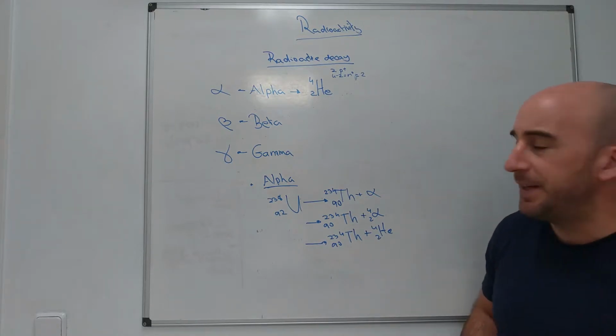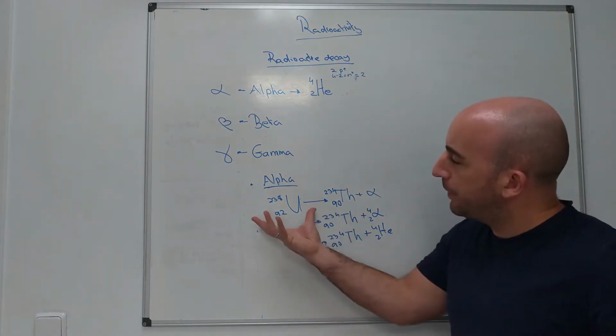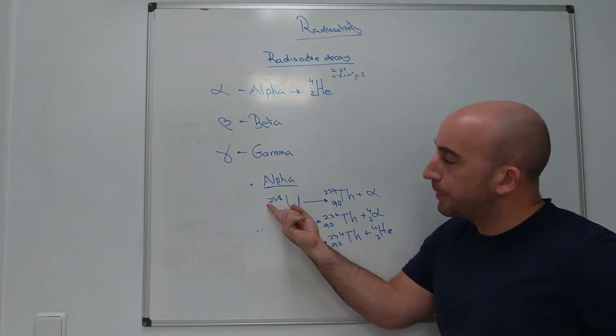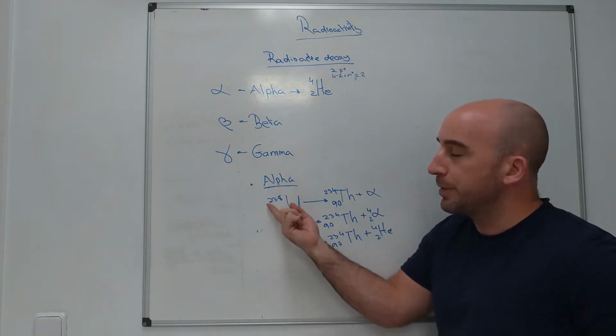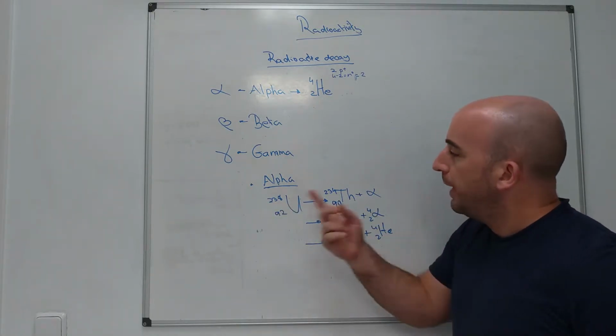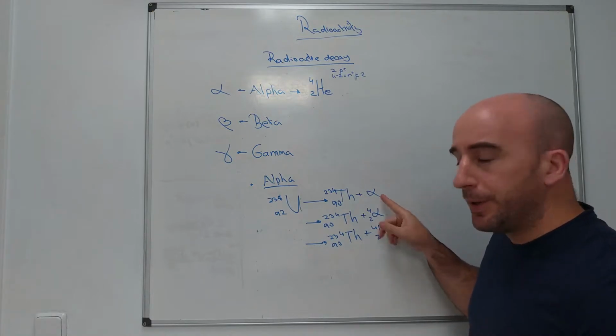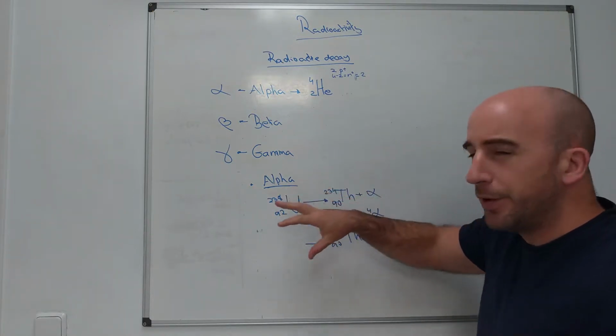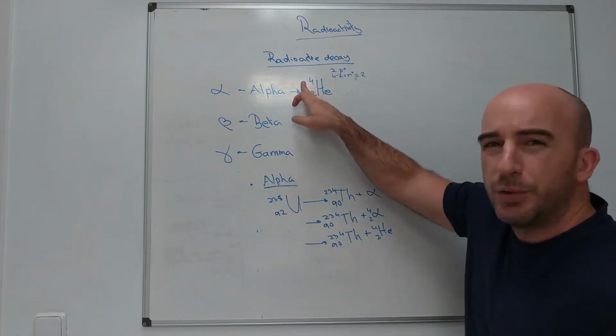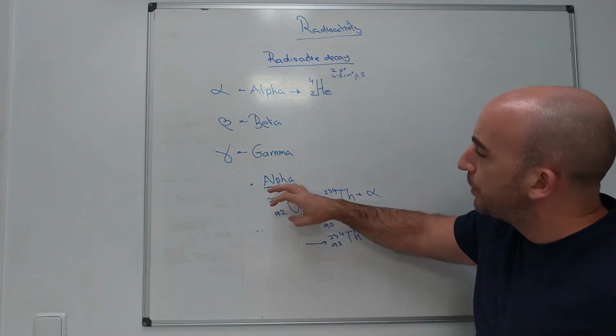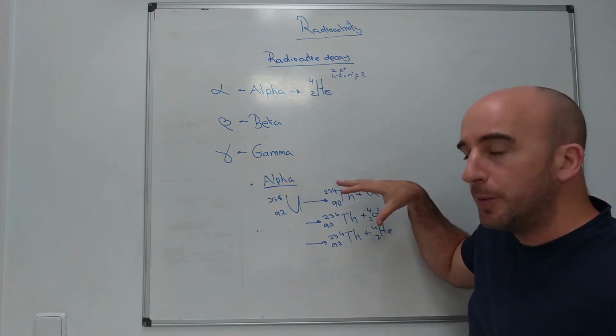So basically what this is telling you is that I had uranium with 92 protons and 238 protons plus neutrons. I am going to lose an alpha particle. It's going to decay. It's going to lose 2 protons and 2 neutrons. So as it loses 2 protons, it will no longer be uranium.